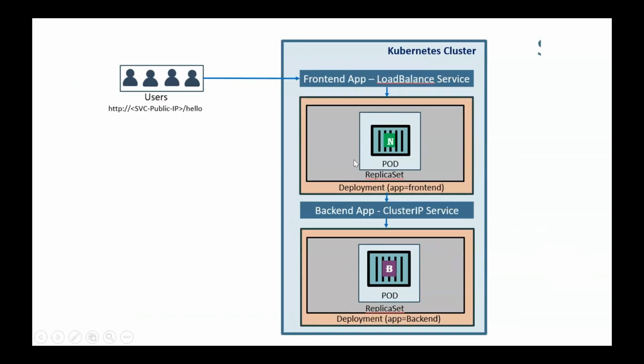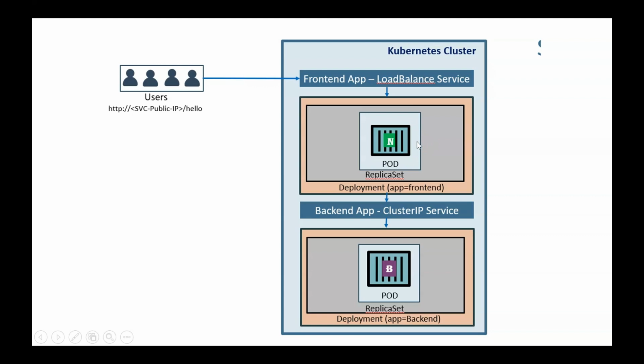Like we can see here, if your users are trying this application, and you have created a load balancer service, this is your load balancer IP or your application URL. If they hit this, it will come to your load balancer service. Load balancer service will send the traffic to this pod, which is the front end pod.